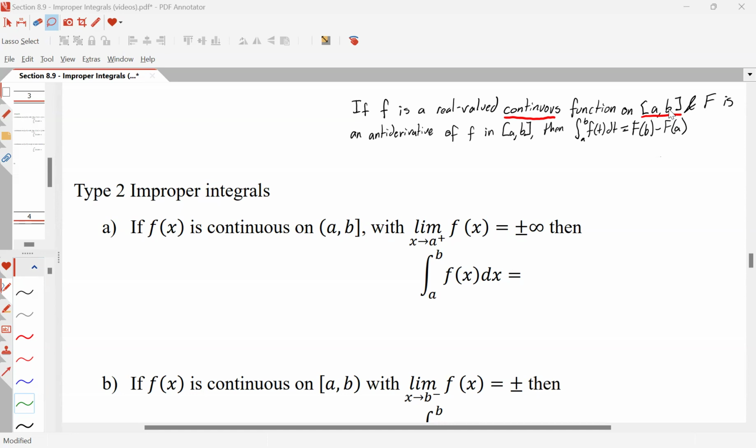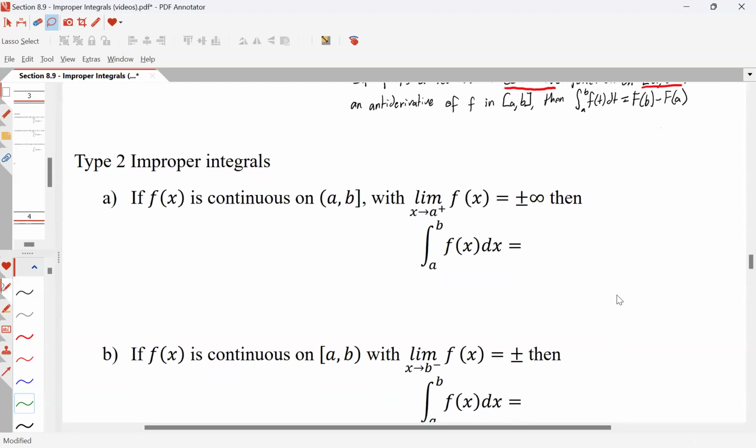The second type of improper integral is what if the function isn't continuous? In particular, what if there's an asymptote at some value inside the interval? Can we still find the area under the curve? Can we still find the integral?